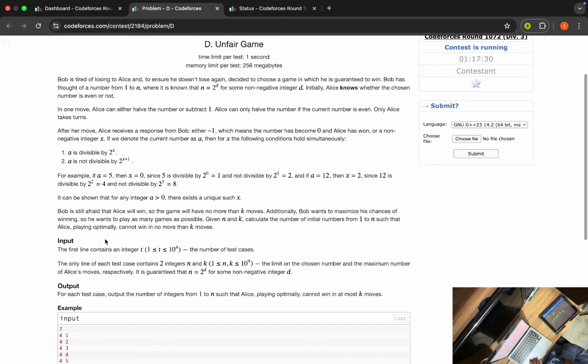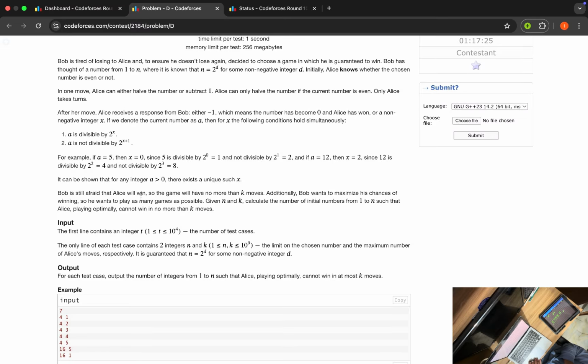Okay, Bob is still afraid, so the game will have no more than k moves. Additionally, Bob wants to maximize her chances of winning, so he wants to play as many games as possible. Given n and k, calculate the number of initial numbers from 1 to n such that Alice, playing optimally, cannot win no matter what, within k moves.